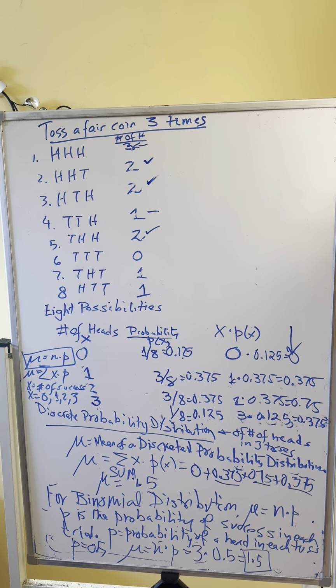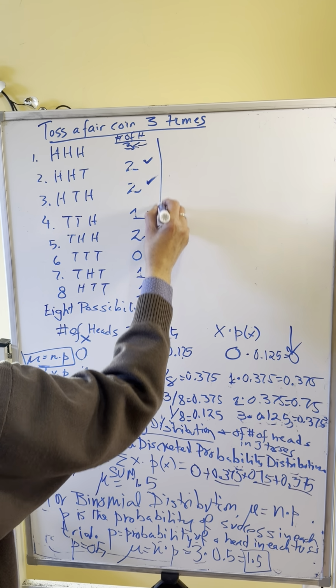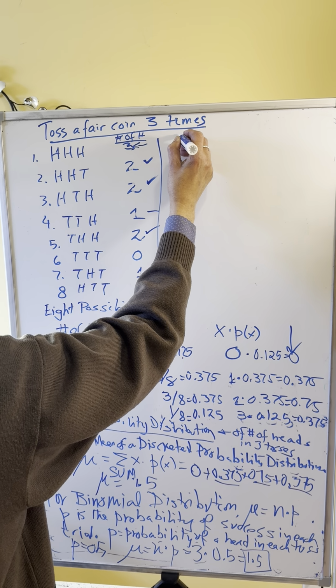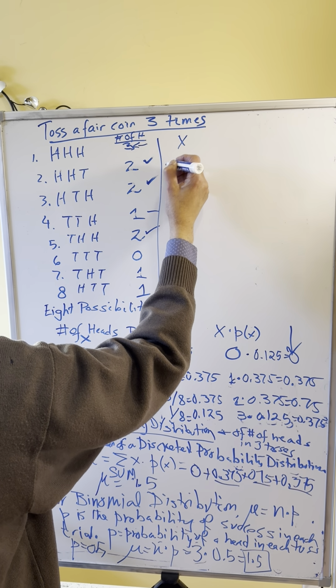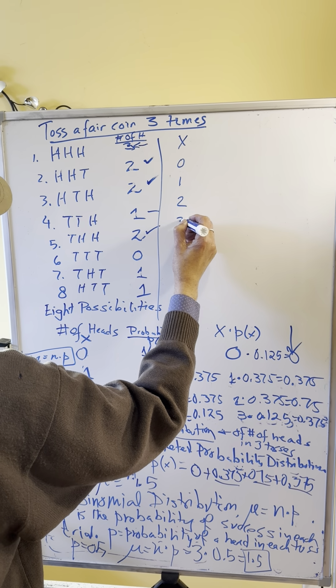Okay, let's do another thing. Let's find out the variance of the binomial distribution. So again, here we prepare a small table. X, we know 0, 1, 2 and 3.